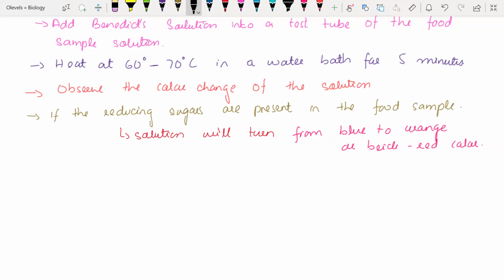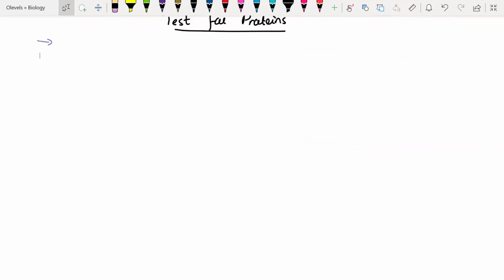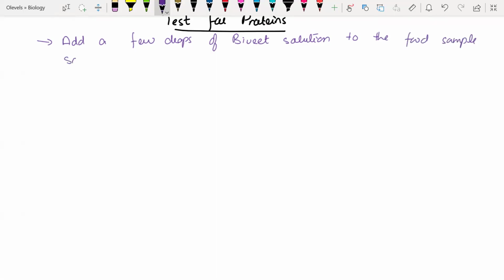Next comes the test for proteins. In this case, you have to add a few drops of Biuret solution to the food sample solution.